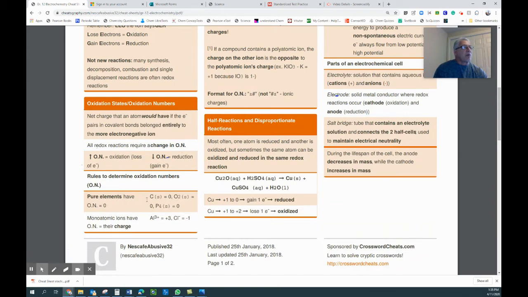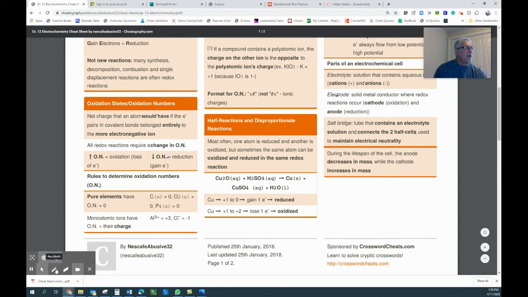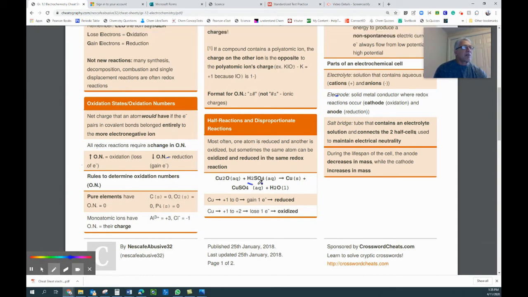Another important concept is finding the oxidation state of any species. Let me pick sulfuric acid here. Let me write the formula in this place here and see if I can show you how to find the oxidation number of any species.